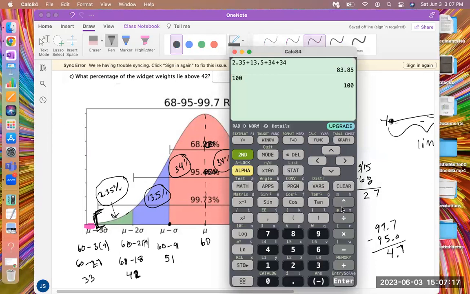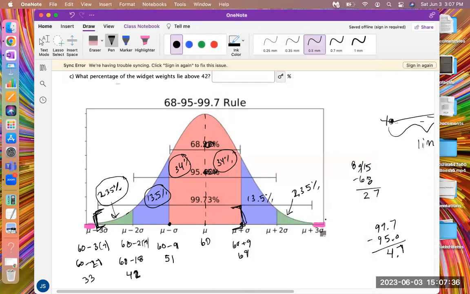That's all the area underneath the curve, 100% of the data underneath the curve. And then take away the 99.7. So it's going to be 0.3, but then divide that in 2, 0.15. So this area right here contains 0.15% of the data. So don't forget that when you're calculating this last part here.